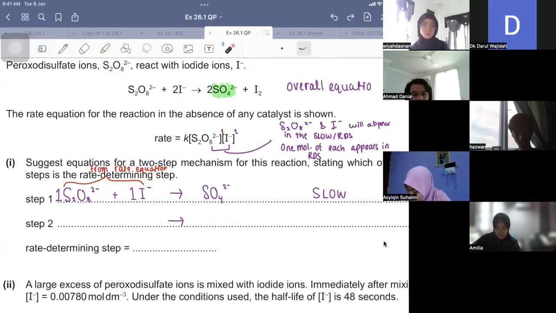I must follow the order. The order tells me how many molecules of that species appear in the rate determining step. So that means there's another iodide molecule in the second step later on. So I only produce one sulfate, and the other one will be an intermediate.